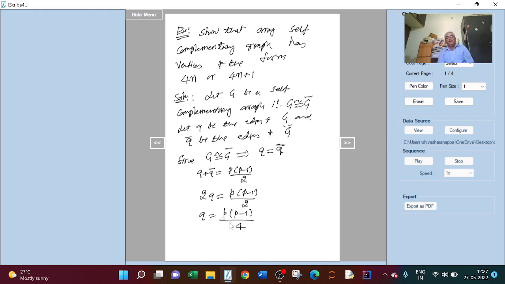Now I have to prove that P is of the form 4n or 4n plus 1. This P may be even or odd, so I will consider two cases. If P is even, then I will show that P equals 4n or 4n plus 1.